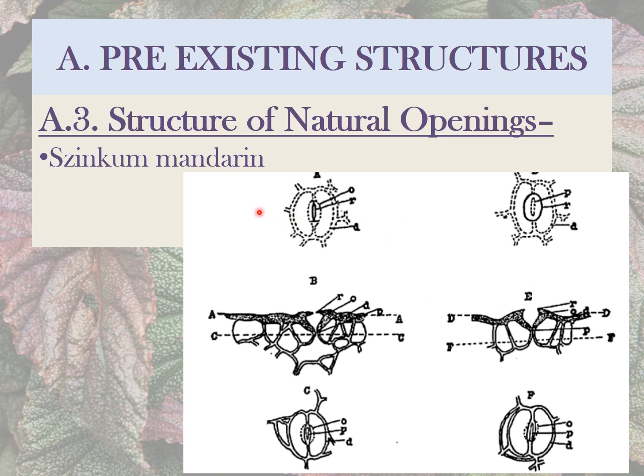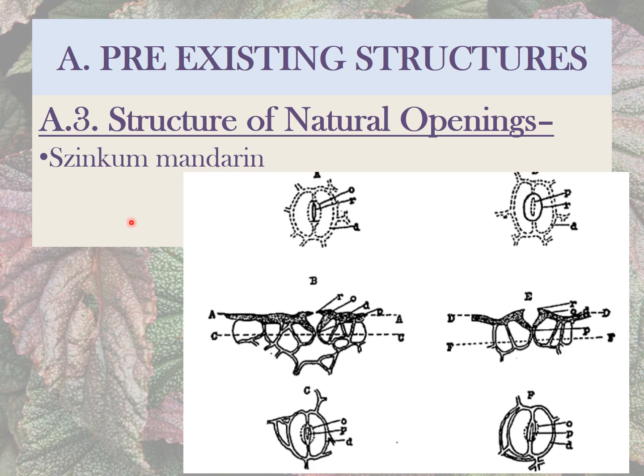In the resistant variety, we can see that the stomata is small and there is a raised broad lip, a raised broad lipped structure which makes it narrow. So the stomata is narrow in case of the resistant variety. In case of the susceptible variety, the stomata is of a regular size and it is not narrow. So the organisms can easily enter through the stomatal pore. This is one example of Zinc mandarin.